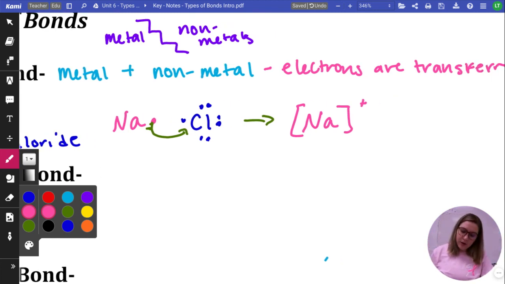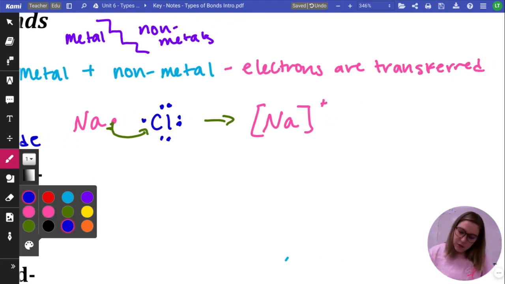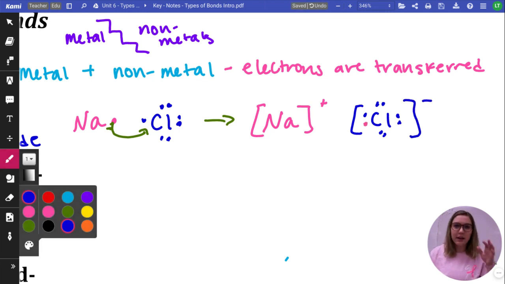Chlorine, similar thing. Chlorine had 7 valence electrons. It gained 1 of sodium's, so now it has 8, and chlorine has that -1 charge. When it gains 1 electron, it has the same configuration as argon, noble gas, stable.